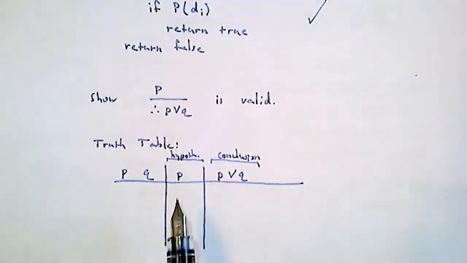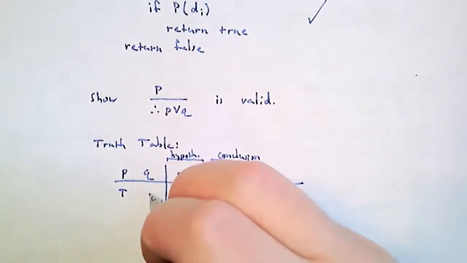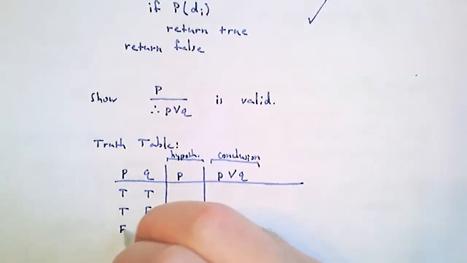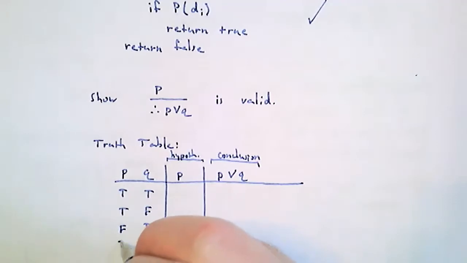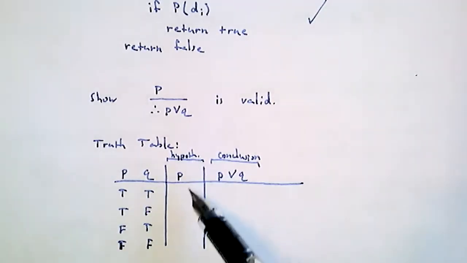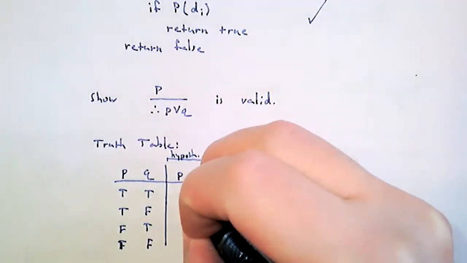So what we're trying to see is that every time we have a true in the column for the hypothesis, we also have a true in the conclusion. And we have about a minute to fill this out. Let's see if we can do it. So start by filling in the 4 possible combinations of truth values for your 2 propositions. The hypothesis is simply the first column, so you can copy that over.